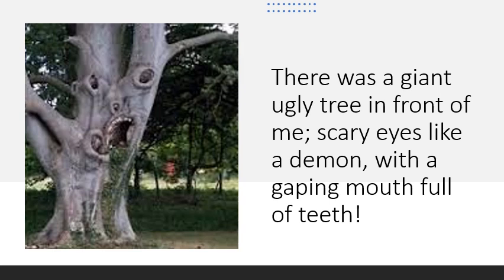The tree now comes to life. It's got eyes and a mouth, and it's like a giant. It's scary. It's evil. The word demon evokes the word evil. You feel fear for this tree. You imagine it might jump out at the narrator.